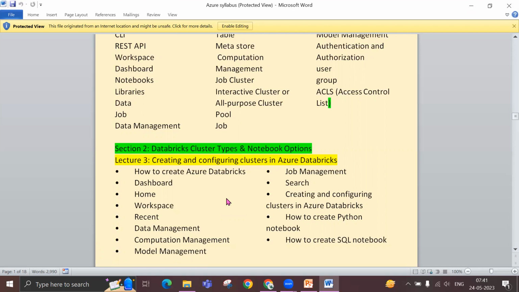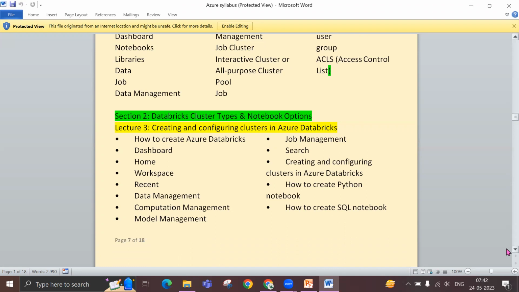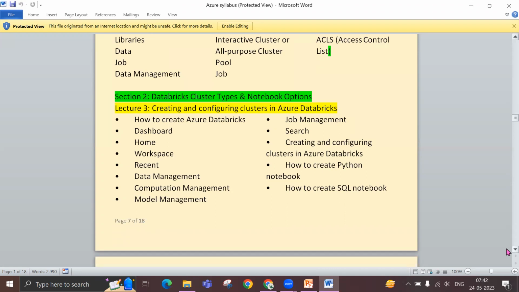What kind of compute, infrastructure and storage is required? All this we are going to discuss, and we will be creating some clusters to do the data processing, and we'll be writing some notebooks. So we'll go through all the details.